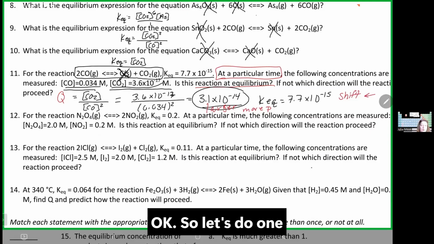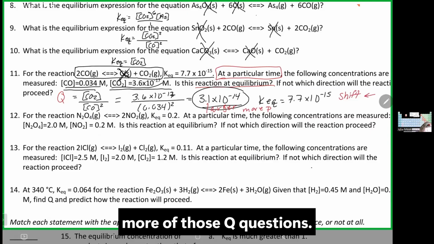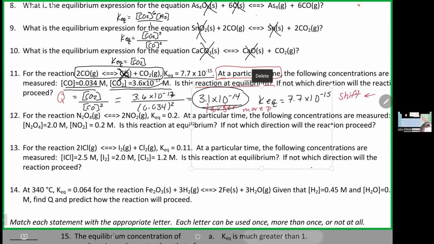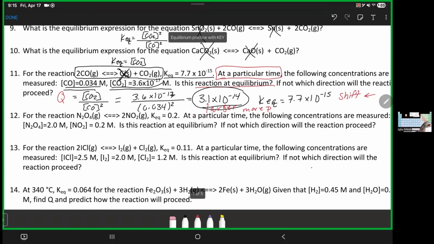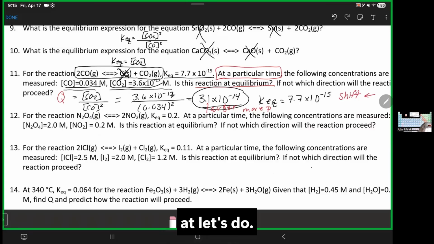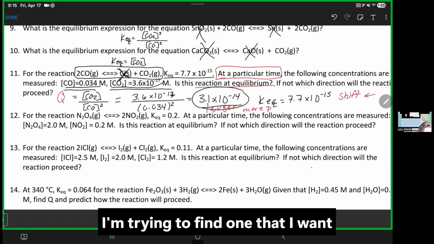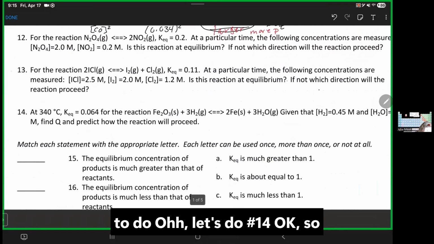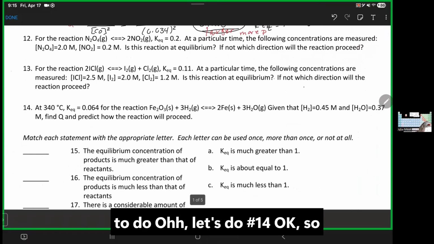Okay, so let's do one more of those Q questions. Let's do number 14.